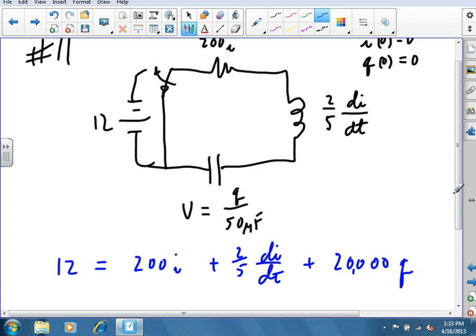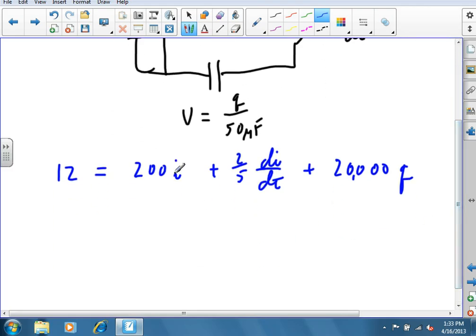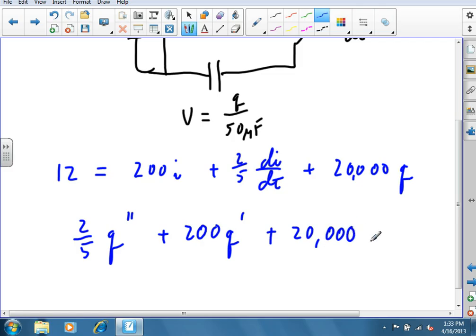Then we substitute in and say I is dQ/dt. So we'd say 2/5 Q double prime plus 200 Q prime plus 20,000 Q is equal to 12.